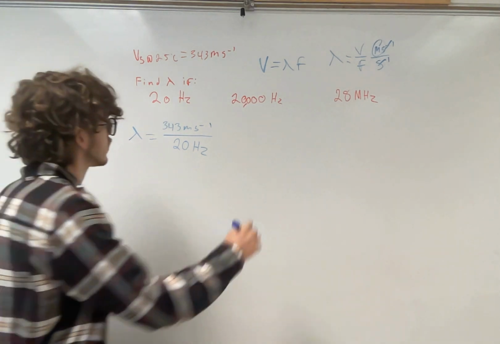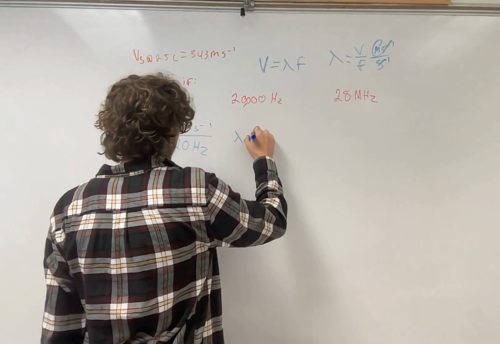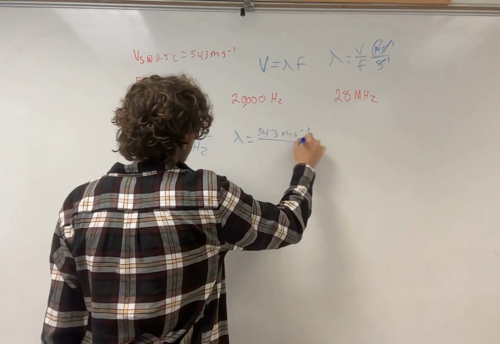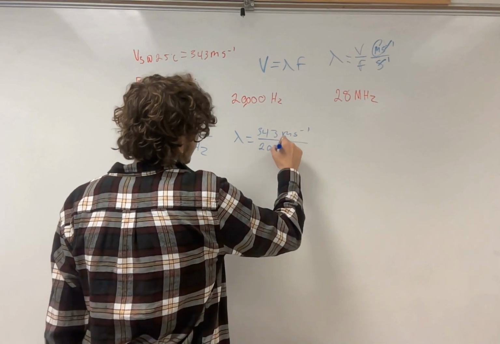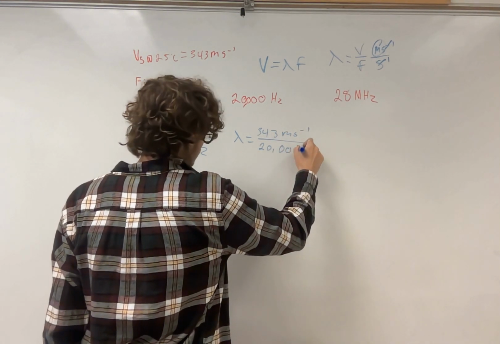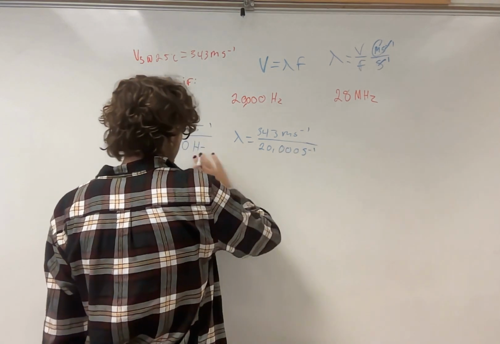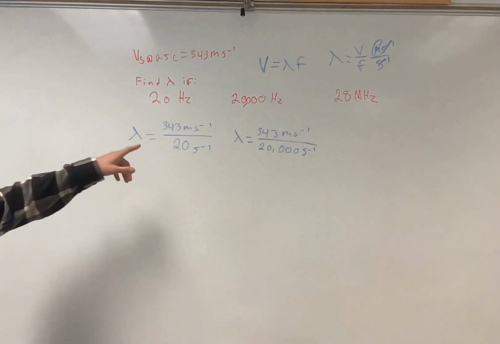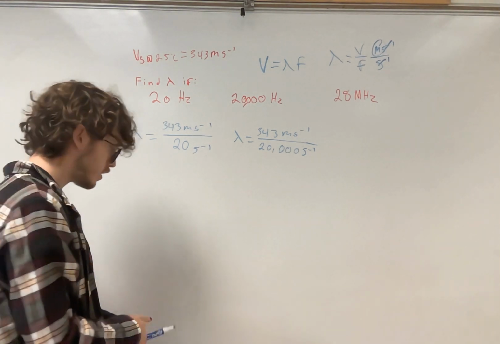Compare that to this equation where we take that, but divide it by 20,000. So we expect the wavelength here to be a lot greater than the wavelength here.